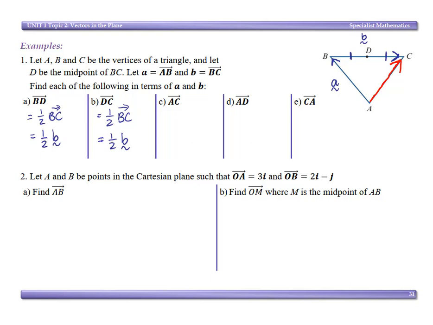So to do that we have to go from A to B, B to C. So that equals AB plus BC. AB is vector A, BC is vector B.